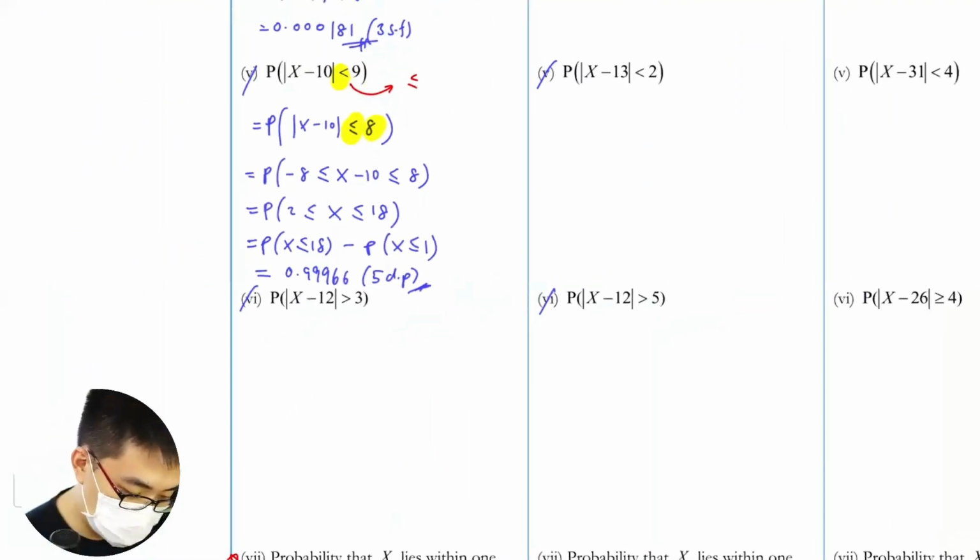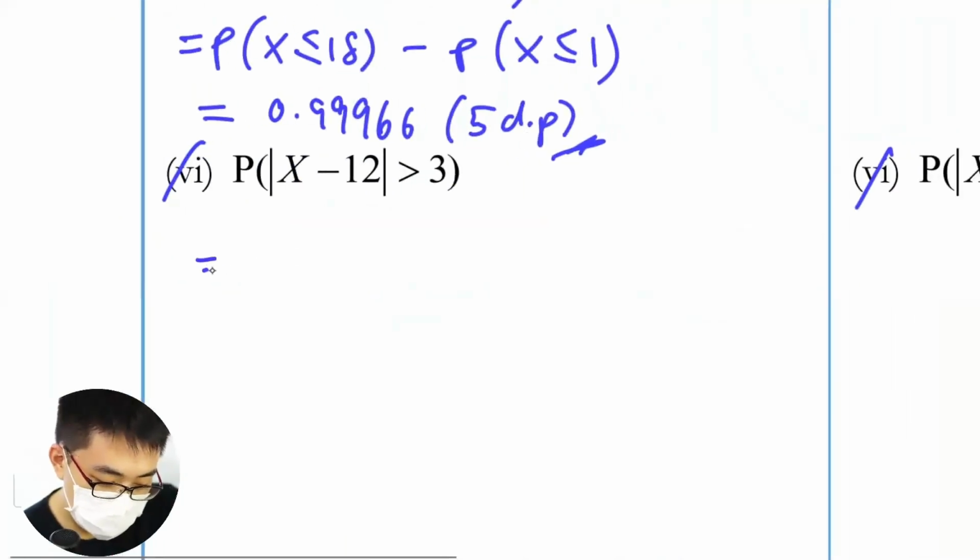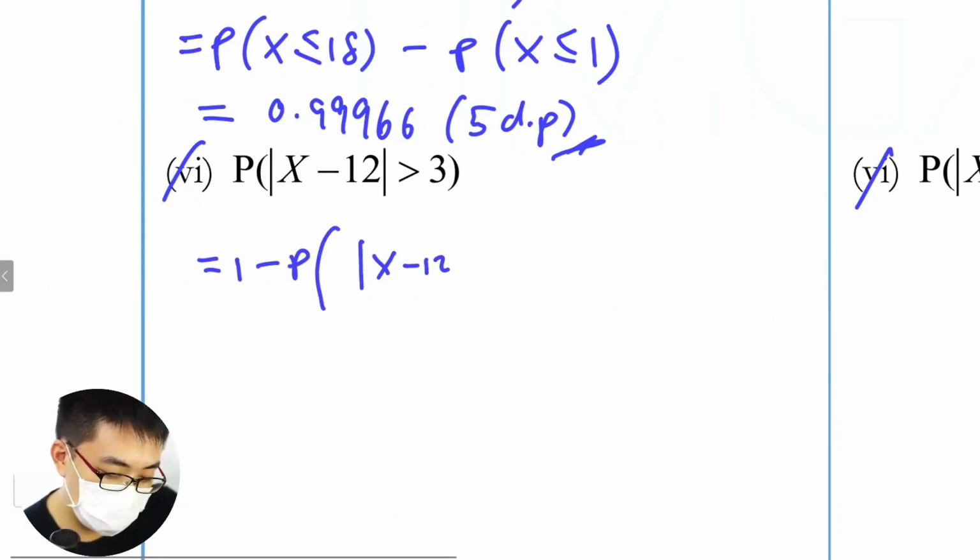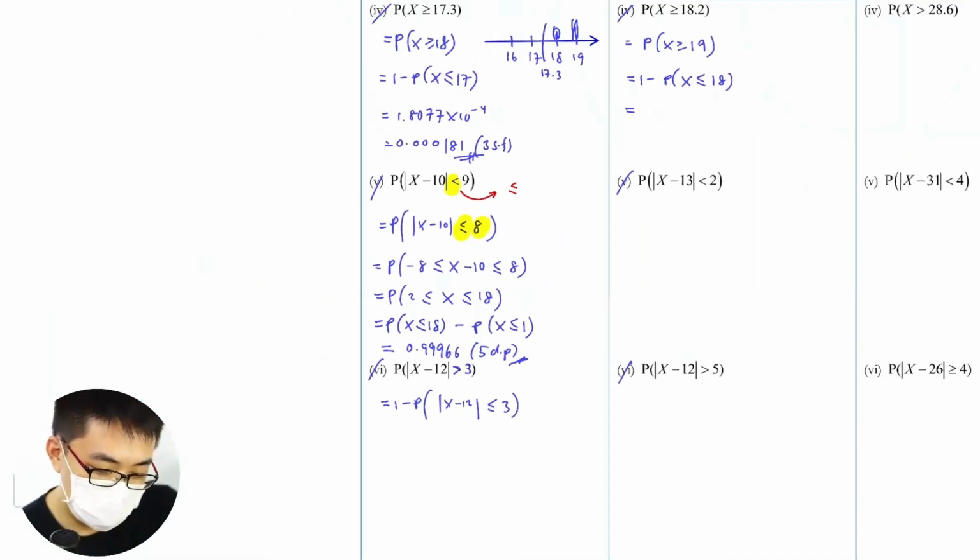Subsequent one, same thing. This one here, 1 minus P(X) minus 12. You do not want the class of 3 because you do not want 3 here. So less than or equal to 3. Remember that?